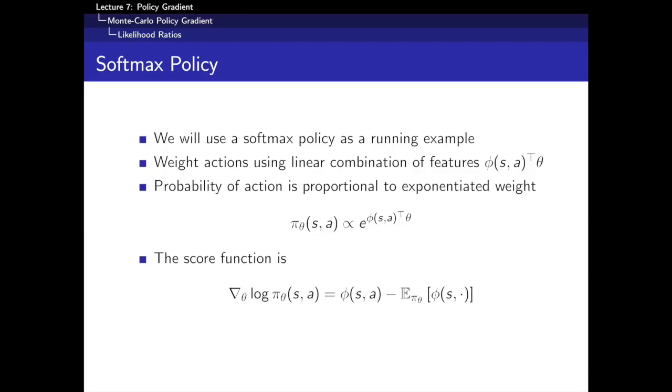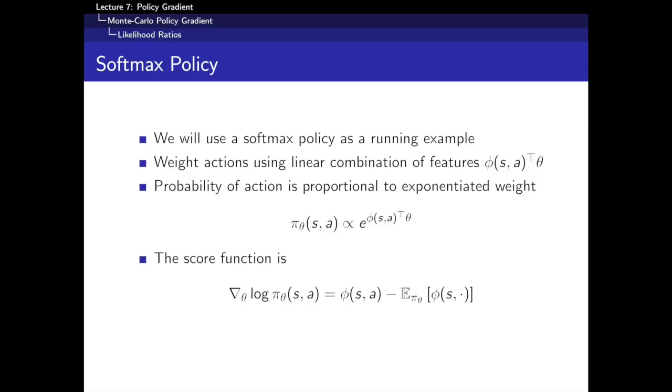So we've got features of our action in our state, we've got some parameters for those features, and then we weight those features by some weight, and we add it all together, and that tells us how much we desire that particular action A. And then to actually turn that into a probability, we just exponentiate it, and we normalize. So the idea is that the probability that we actually pick an action is proportional to the exponentiated value that we get when we take a linear combination of these features.